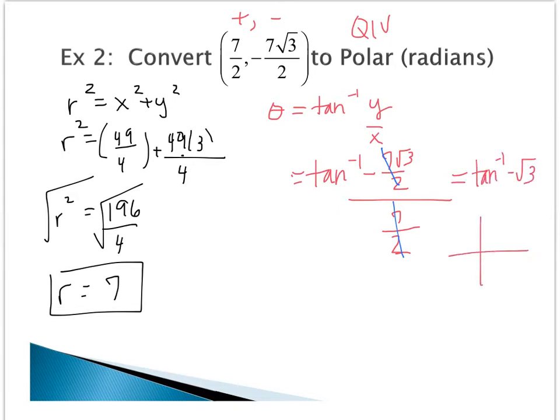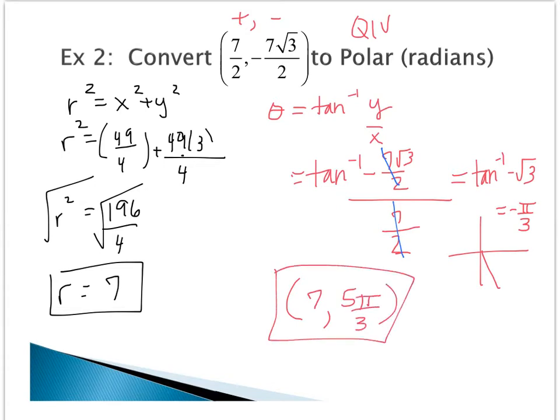In quadrant 4, we know that to be right around down here. By doing a tan inverse, that answer would give me negative pi thirds. However, we want our answer to be within our first circle, within 0 to 2 pi. So we add 2 pi to that, and our final answer in polar would be a radius of 7 and an angle of 5 pi thirds.